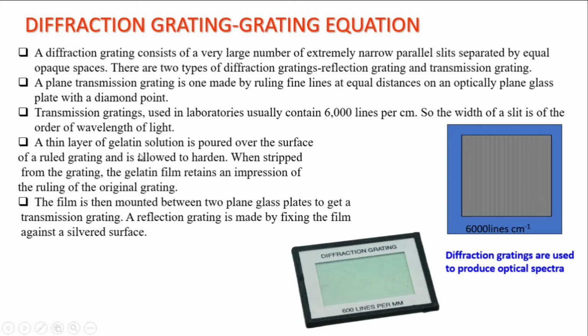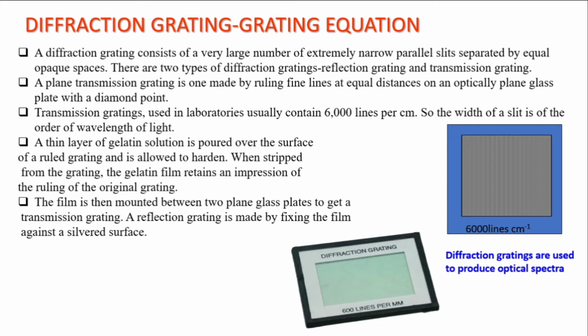A thin layer of gelatin solution is poured over the surface of a rolled grating and is allowed to harden. When stripped from the grating, the gelatin film retains an impression of the rolling of the original grating. The film is then mounted between two plain glass plates to get a transmission grating.